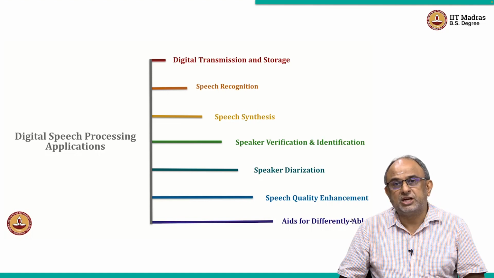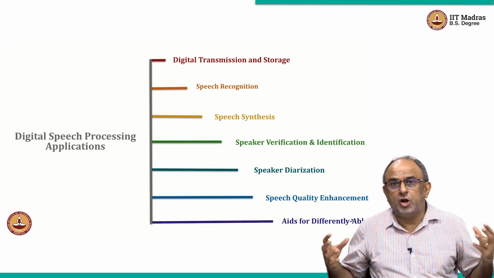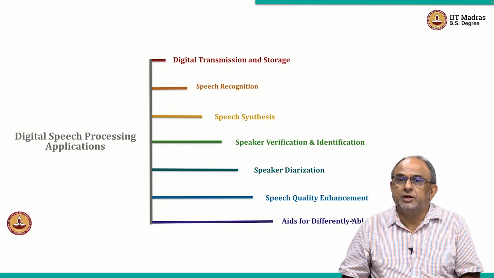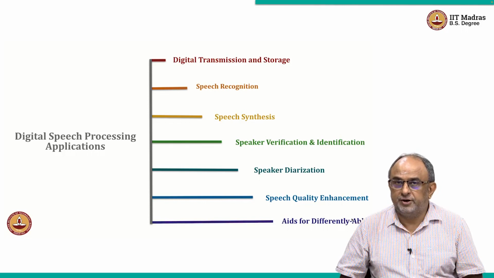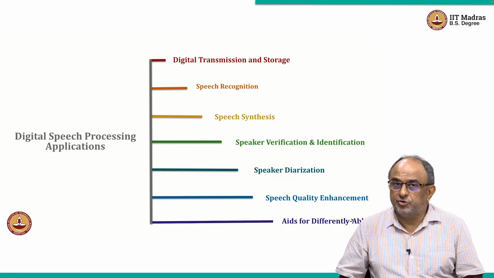Then there is verification and identification. Can I identify the speaker? I'm recording something on the border, right? And I want to know if certain keywords are being produced, right? Or is a particular person talking?